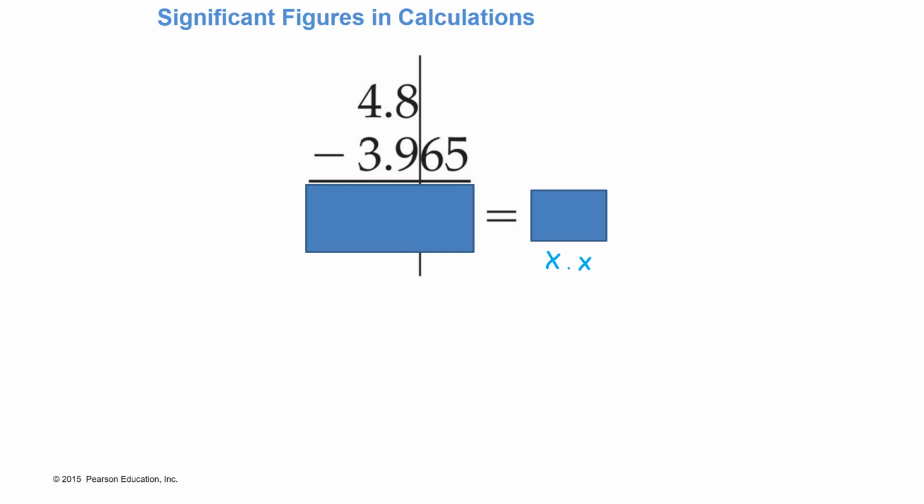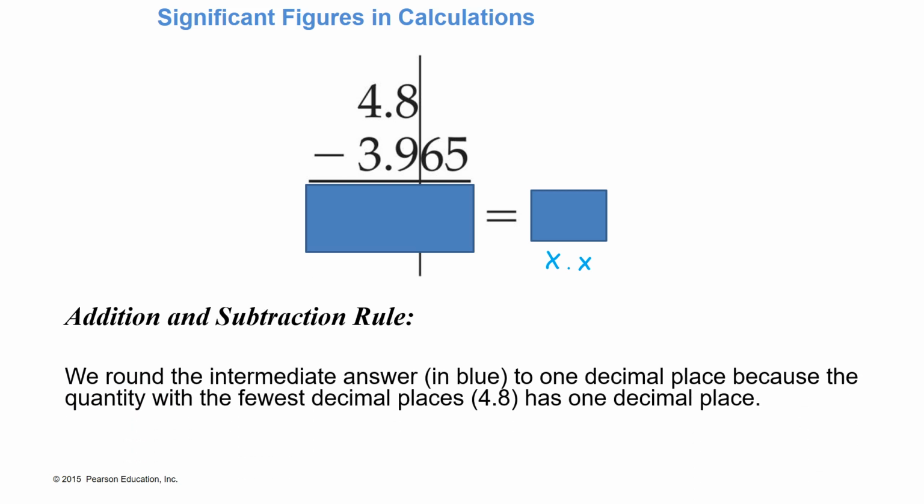So when we do the calculation, we get 0.835. Now, that 3 is important because if it was 0.855, that would change my answer a little bit. But right now, it's just 0.835, so 3 is less than a 5, so that means we can just drop it off. So what's my final answer going to be?